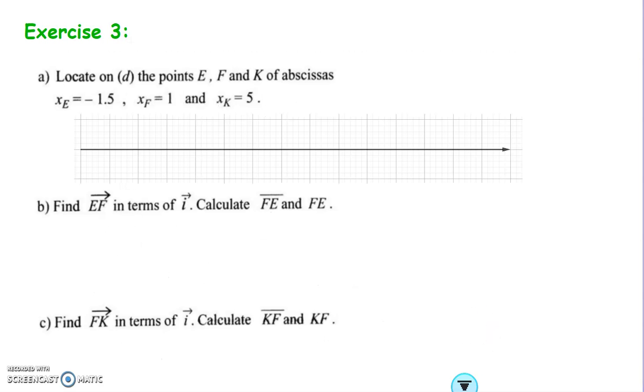Exercise 3, locate on D the points E, F, and K of the following abscissas. So I will put here O, for example. This is I, okay, and F is here, K, so 2, 3, 4, and 5, so this is K, and at minus 1.5, we have E, so this is minus 1, this is minus 2, point E will be here in the middle.